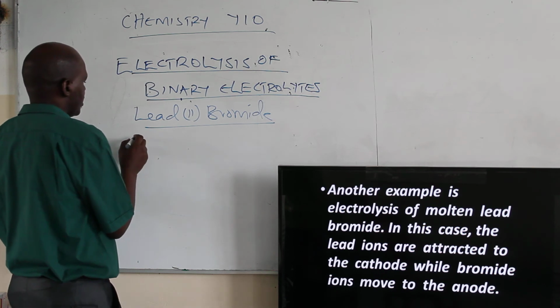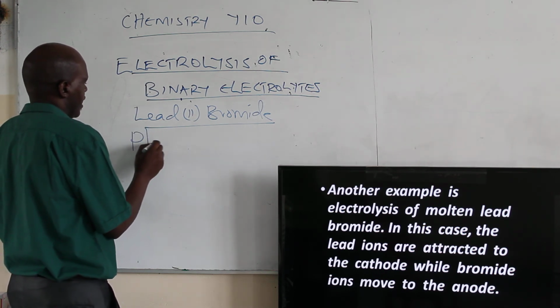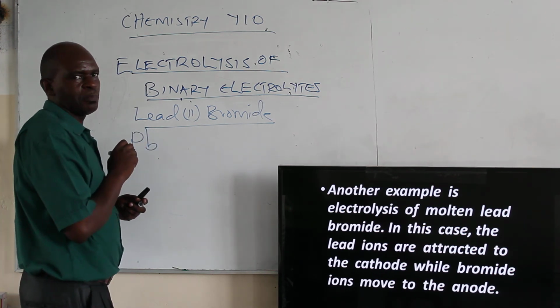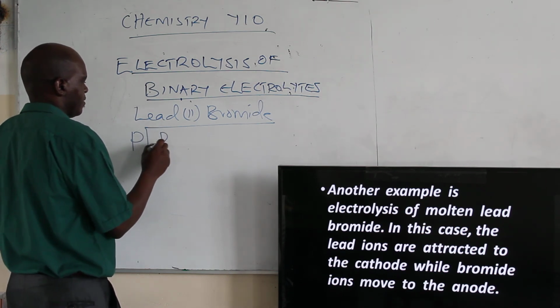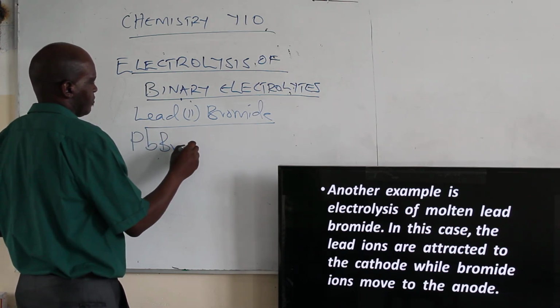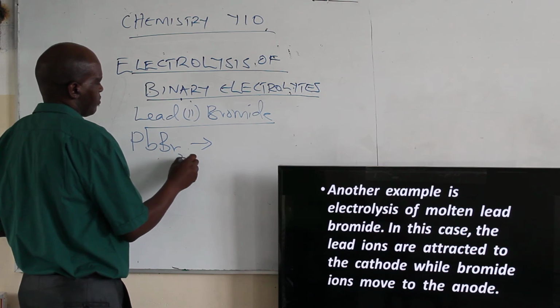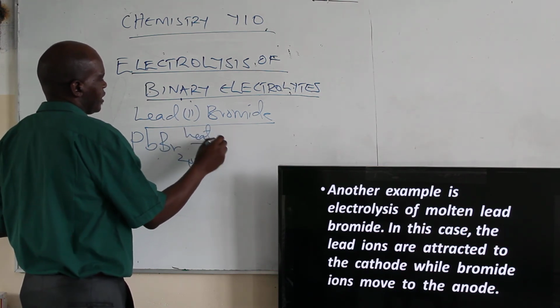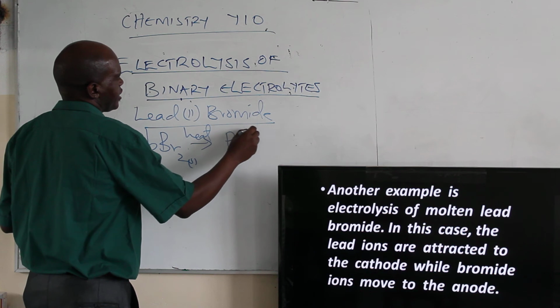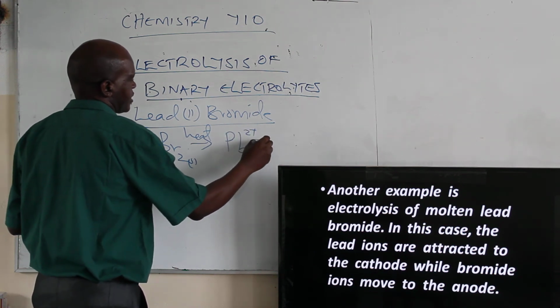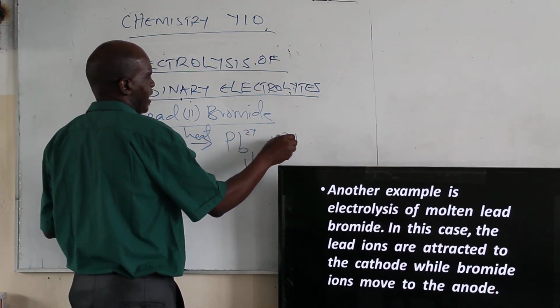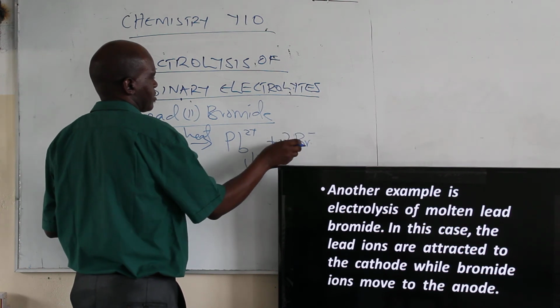Let's put down first the equation. Here we have Pb, that is the symbol for lead, then bromide. In solid form, when heated, it forms lead(II) ions, molten, and bromide ions.